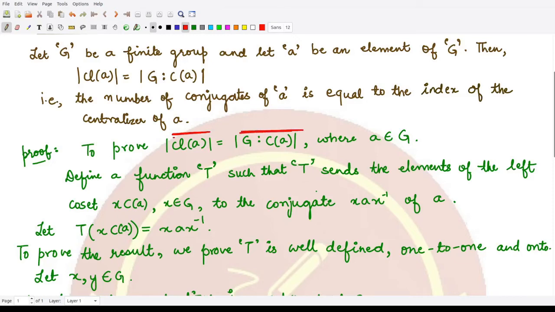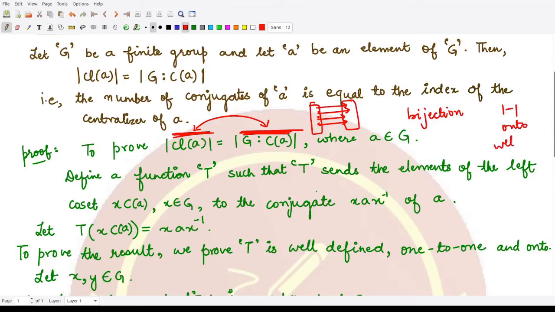If they are connected by T, they would have the same number of elements, and that is proved by proving a bijection. So we consider a mapping which takes all the elements from the conjugacy class to the cosets or vice versa, and then we prove that the mapping is one-to-one, onto, and well defined. If that is so, then the number of elements would be the same.